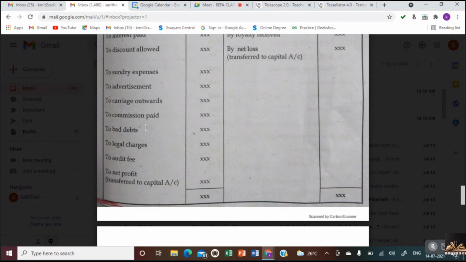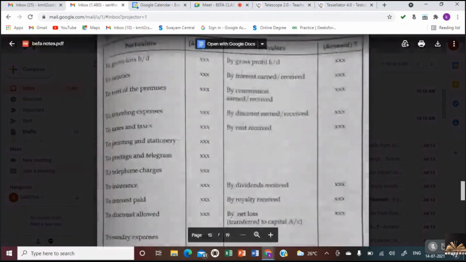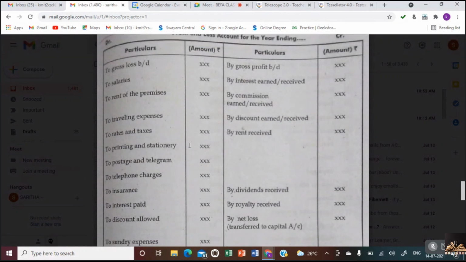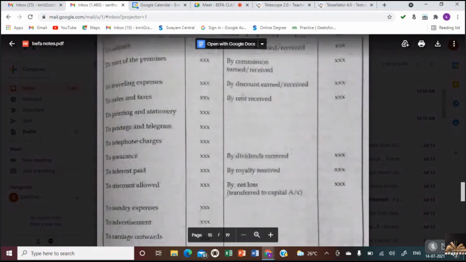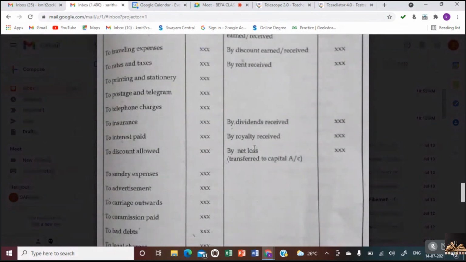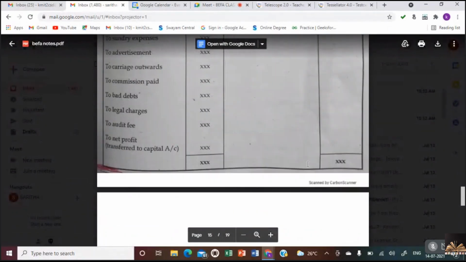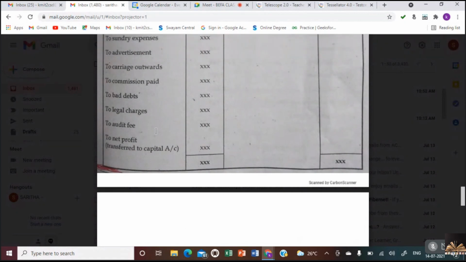Then legal charges, audit fee, and all other expenses which are not there in trading will now come in the profit and loss account. Here all the incomes: interest paid is an expense, interest received is an income, commission given is an expense, commission received is an income, discount allowed is an expense, discount received, rent received, dividends received, royalty received are incomes. Now we total the credit side and the debit side.